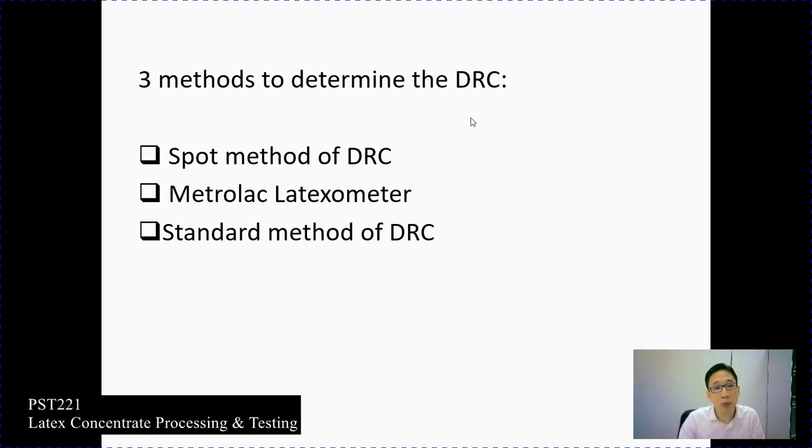So this one is also covered: spot method and standard method. The third method, which is the Metrolac latex meter, I haven't covered because we don't have a latex meter. But don't worry, in this chapter I will elaborate how the latex meter functions and how we measure the DRC.